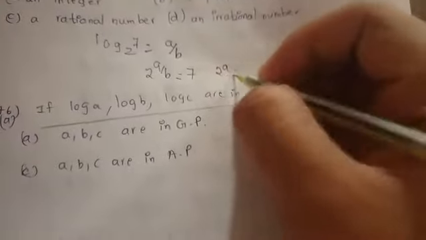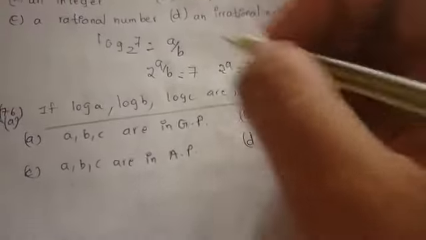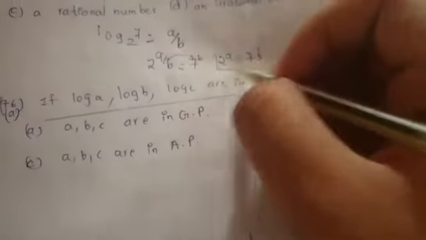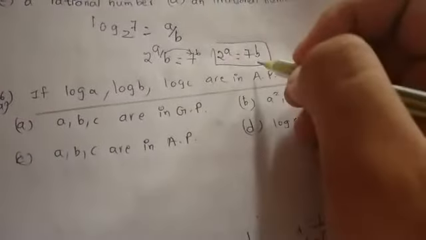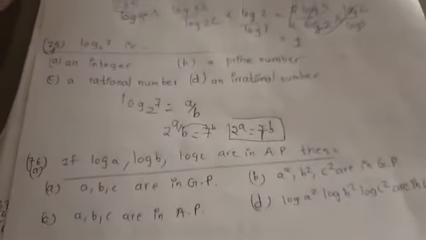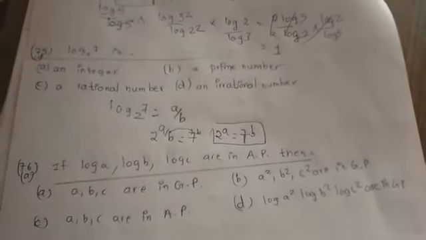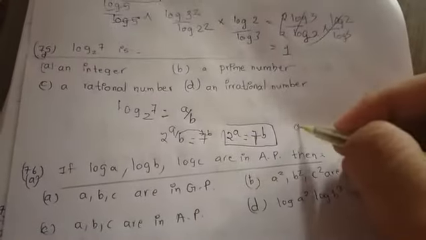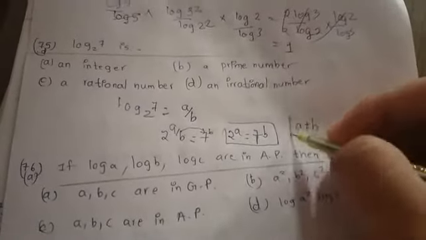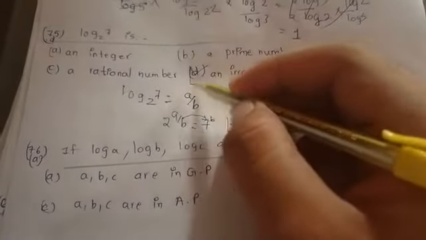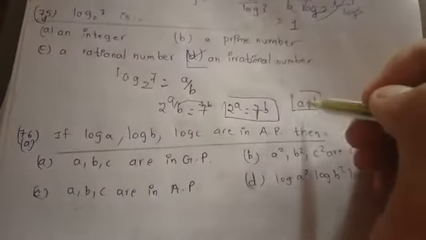This can be written as 2 raised to a is equal to 7 raised to b, since b gets transferred to the term 7. We know that any power of 2 can never be equal to any power of 7. So, this relation does not hold good, and hence log of 7 base 2 is always an irrational number, since it cannot be expressed in the form a by b.